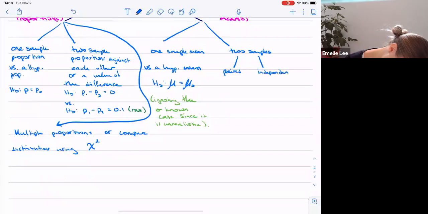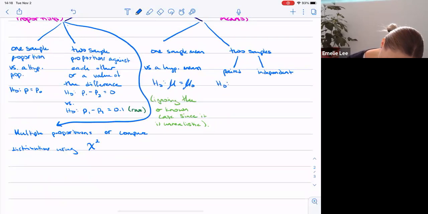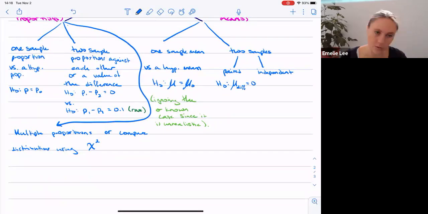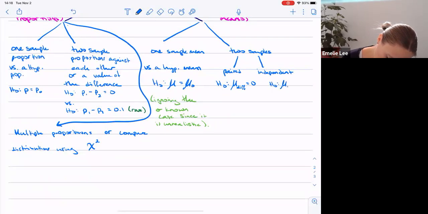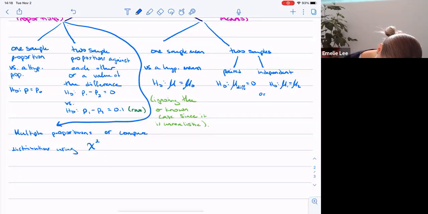If they're paired, then you have this H naught that mu diff or something similar equals 0. Whereas if you have two independent samples, then you have mu1 equals mu2.